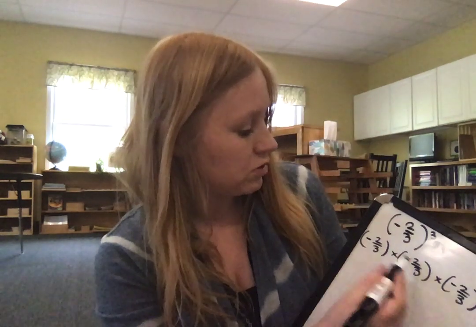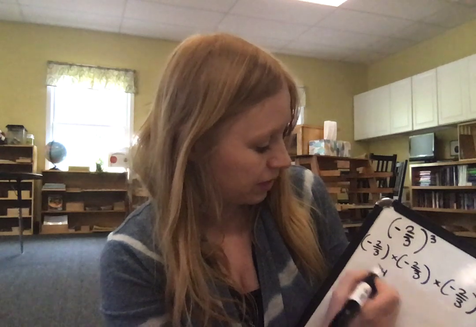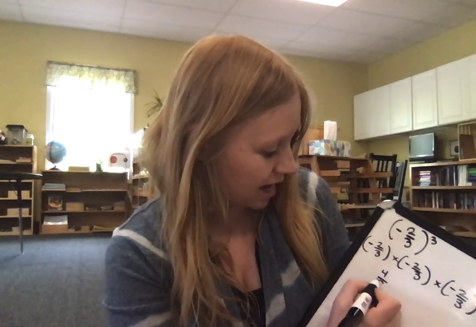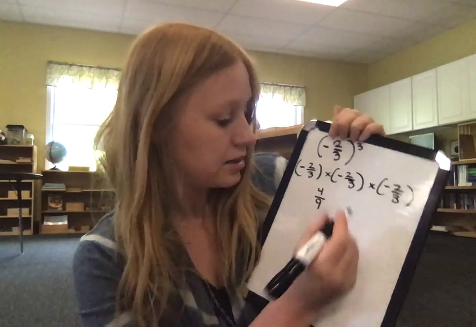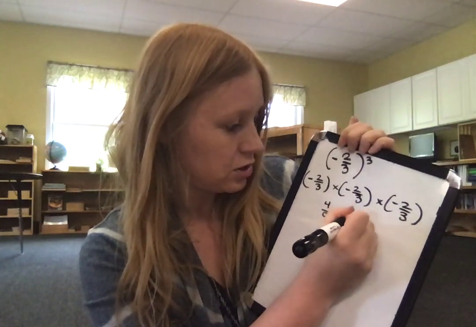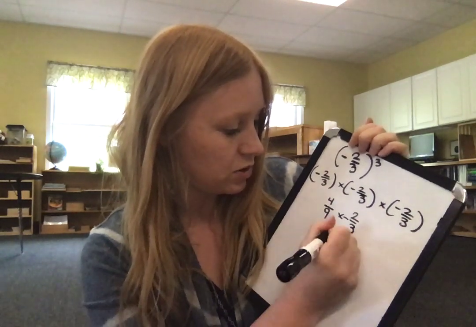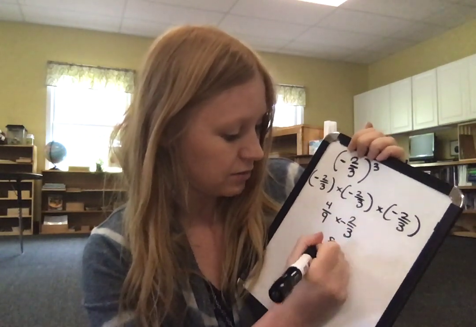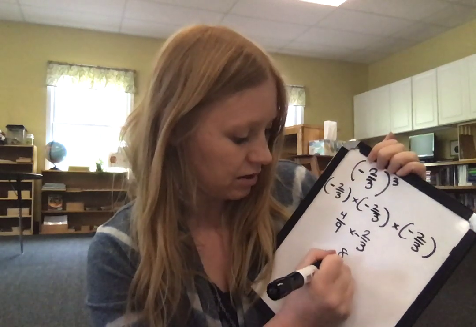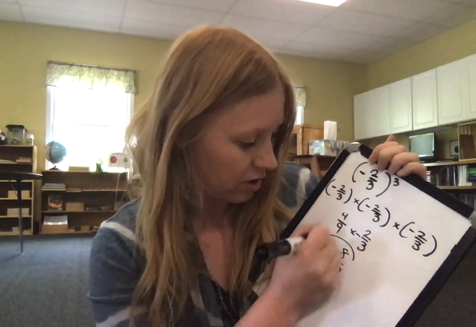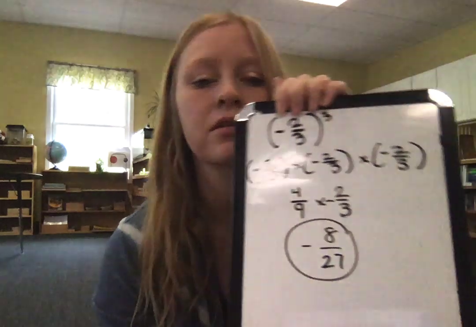So 2 times 2 is 4. 3 times 3 is 9. It is positive because a negative times a negative is a positive, times negative 2 thirds. 4 times 2 is 8. 9 times 3 is 27, but it's a negative 8 27ths.